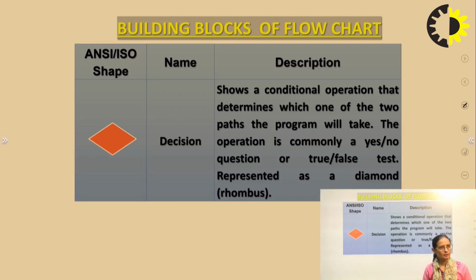Now this is the rhombus symbol, the diamond symbol, and it is basically used for making a decision, where you take a decision when there is an if-else kind of thing, or when you are putting in a loop. It shows a conditional operation.